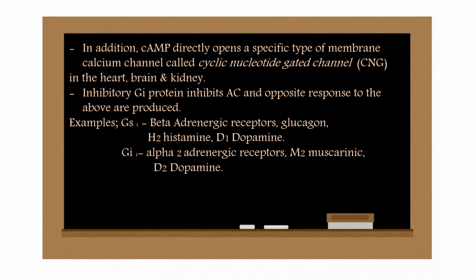Examples of receptors that regulate the cAMP pathway through G protein: stimulatory G proteins are beta adrenergic receptors, glucagon, H2 histamine, D1 dopamine. Inhibitory G proteins are alpha 2 adrenergic receptors, M2 muscarinic, and D2 dopamine.